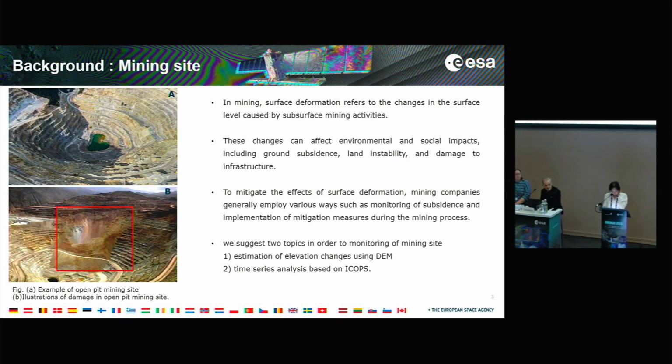To mitigate the effects of surface deformation, mining companies generally employ various ways, such as monitoring of subsidence and implementation of mitigation measures during the mining process. So we suggest two topics for monitoring the mining site. First, estimation of elevation changes using DEM. Second, time series analysis based on ICOPS.